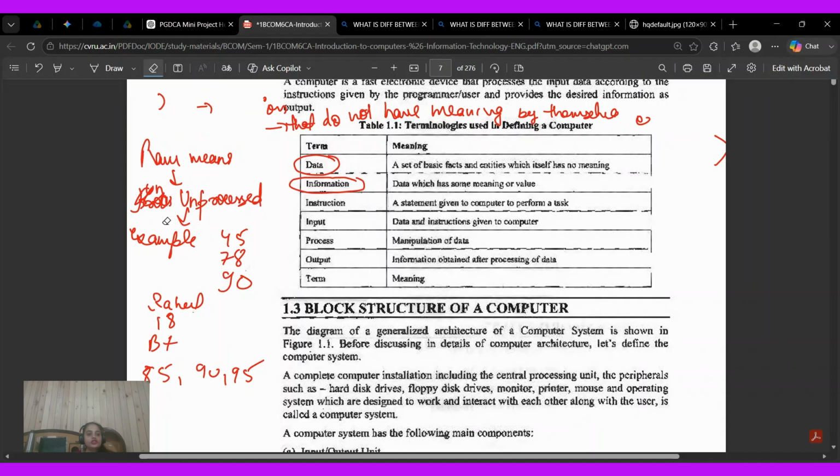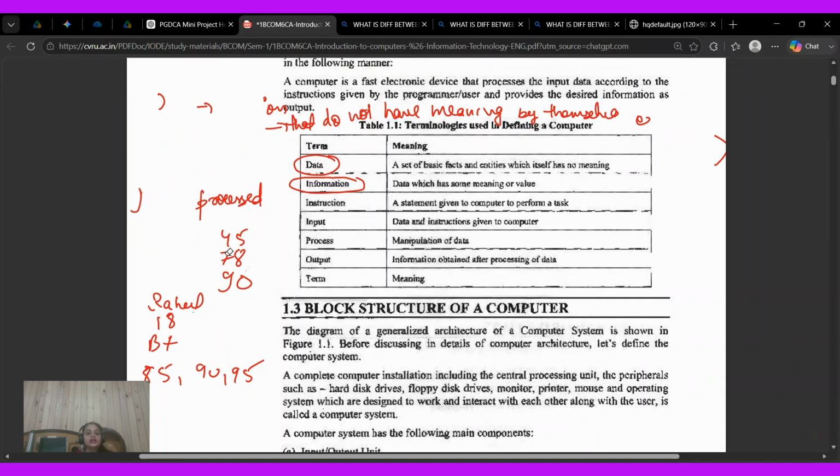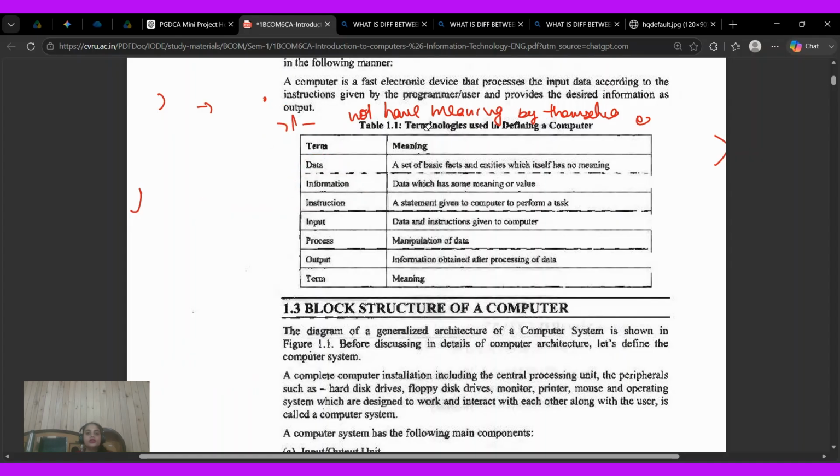So now the information. Information is processed data that has meaning now. Example: Rahul scored 85 in English, 90 in maths, 95 in science. Now we know that these are the marks of Rahul.